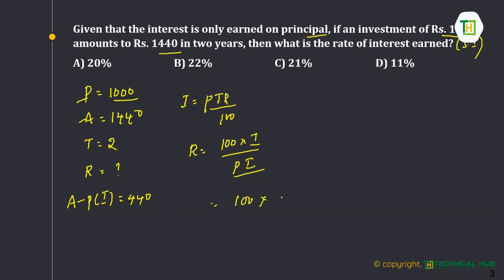So 100 into 440, and what is the principal here? 1000 is the principal. And what is the time period? Time period is equal to 2 years. So here 2 zeros and 1 zero, 3 zeros and 3 zeros get cancelled. So 44 by 2 is nothing but 22%. So the rate of interest is 22%.